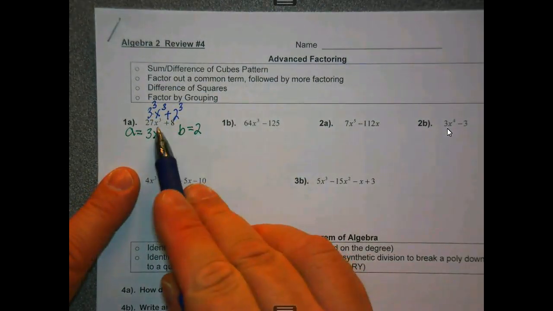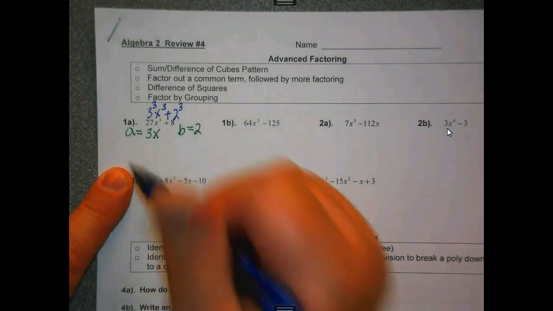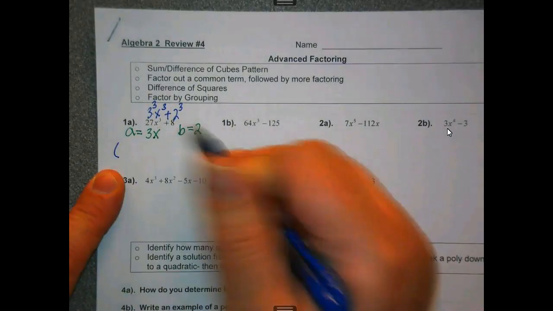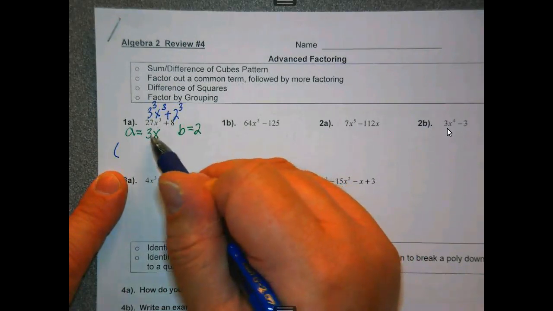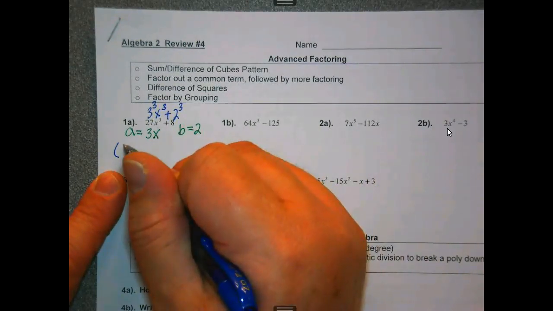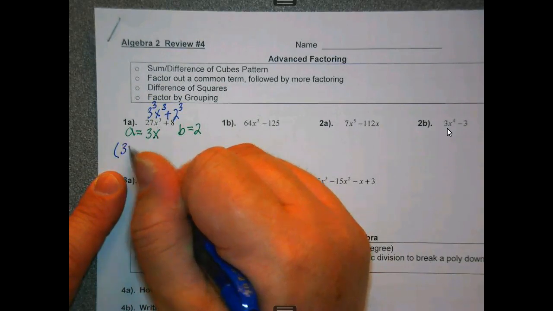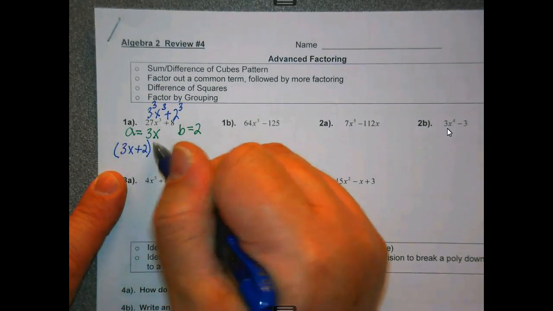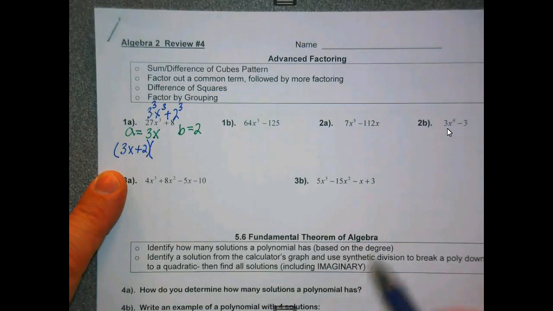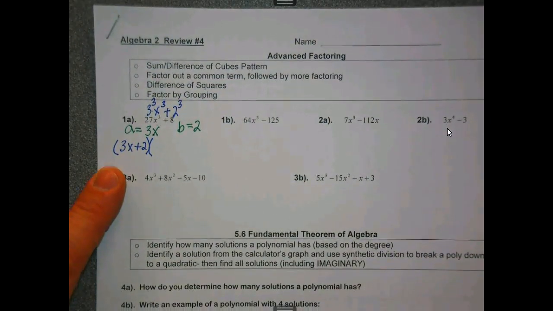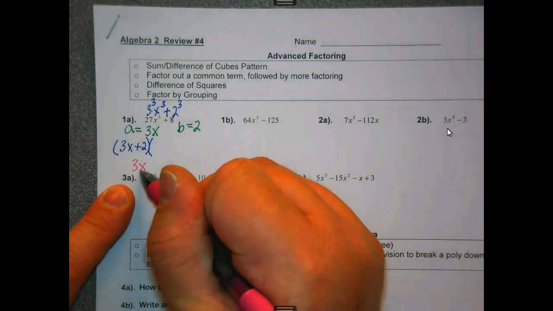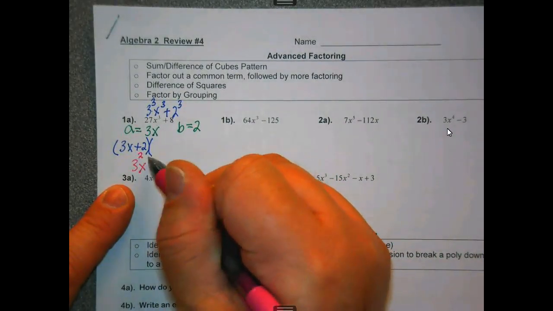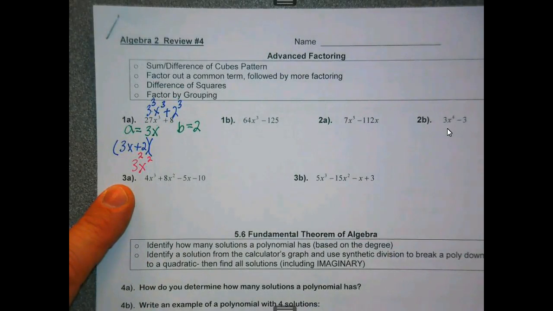Well, if you look at the formula on your sheet, you're going to have the factors, the terms, A plus B, so it's 3x plus 2. And then I have A squared. What's A squared? You take an A and you're squaring it, square each number.